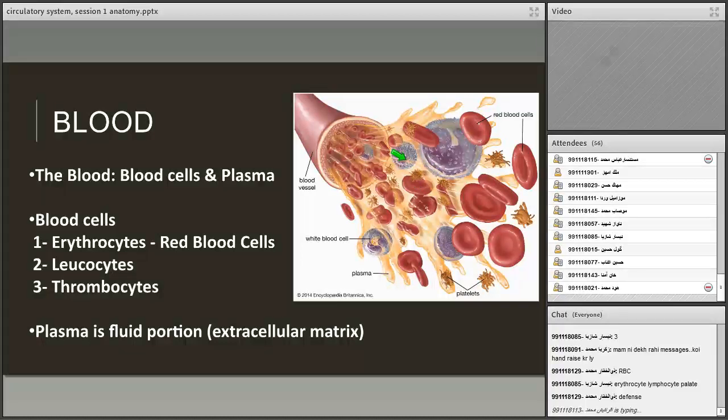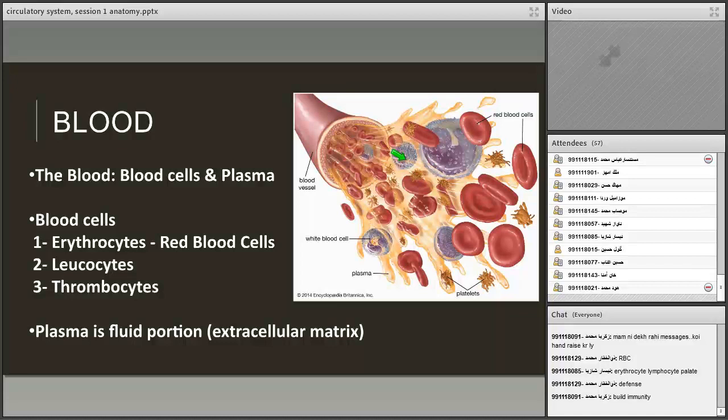So, the immunity function of the circulatory system can be related to the leukocytes.